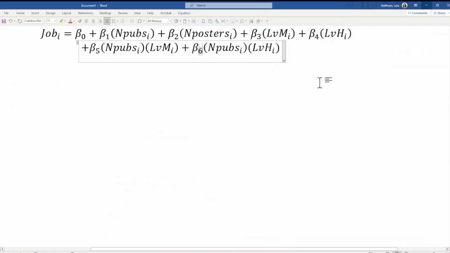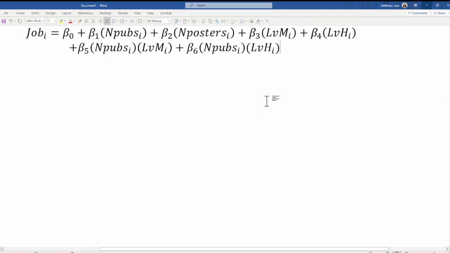The model would look like this. I don't think I'm giving anything away by writing out the equation. The words and the instructions tell you what it should look like. So section 3 would look like this. I have an intercept. I have what I would call main effect slopes for n pubs. I have a marginal main effect for n posters because it's not interacting with anything.